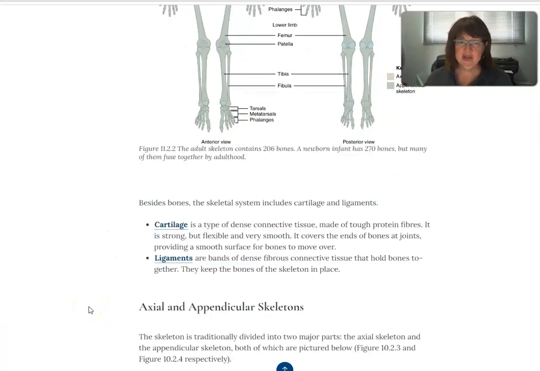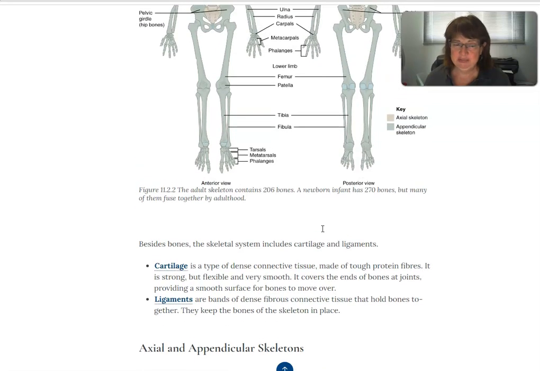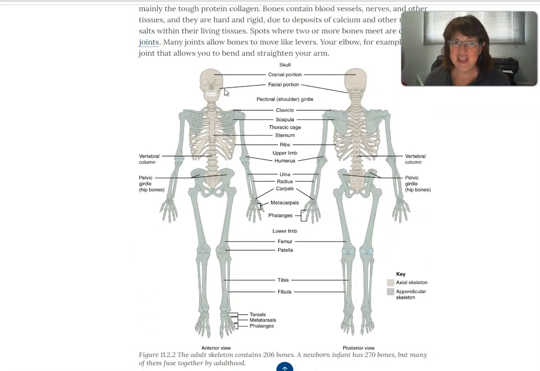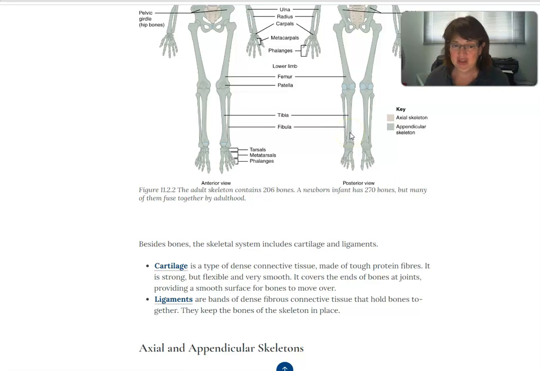So I mentioned that there are 3 parts that make up the skeletal system. The cartilage, the bones, as we mentioned, and we'll talk more about the different bones. Then there's cartilage, and cartilage is dense connective tissue. And mainly we're looking at 2 types of cartilage. The cartilage along the end of the bone is called hyaline cartilage, and the cartilage that is in between our vertebrae is fibrocartilage.